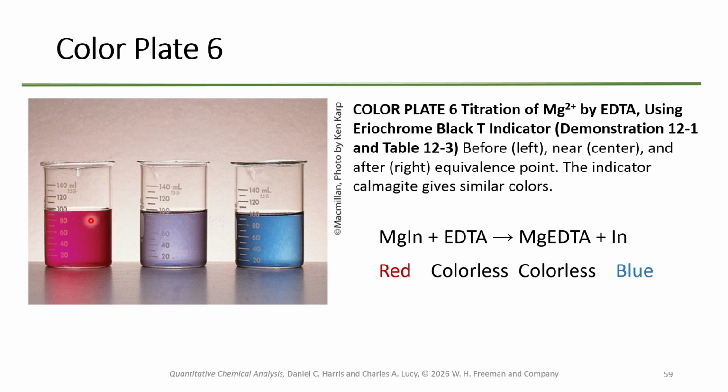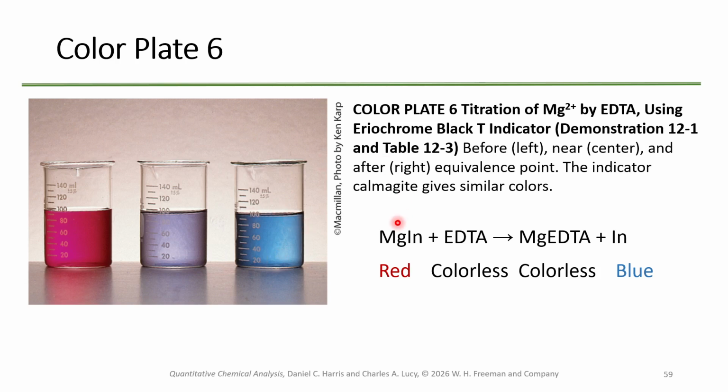See how we're going from red to blue? And so we're purple. And this is telling us, hey, we're near the endpoint. And so you would slow that down, right? And start adding your drops. Okay, and watching the color go and disappear, right? As you mix it. And so after the equivalence point is right here.